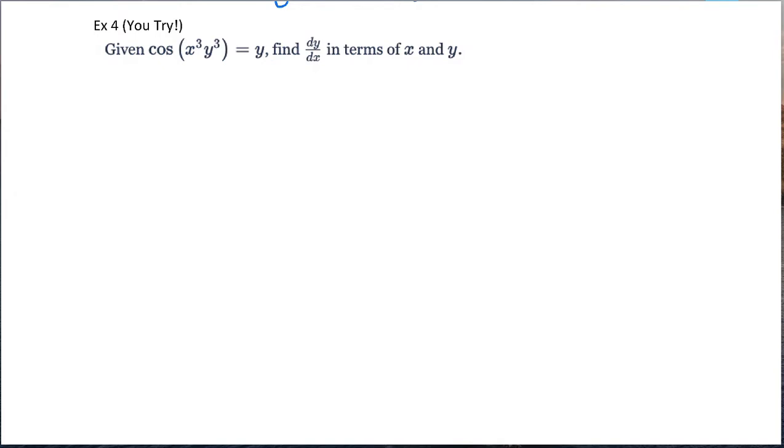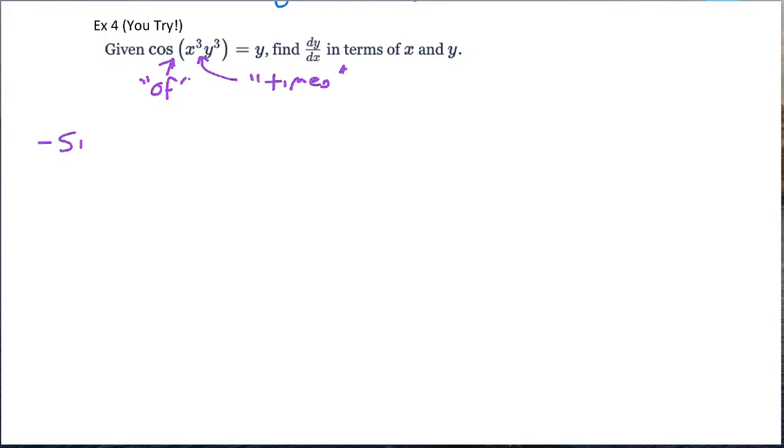All right, hopefully you're back, and I'm going to walk you through this one. Right here, that's the cosine of the quantity x cubed times y cubed equals y. Okay, so we can do this. This isn't so bad.